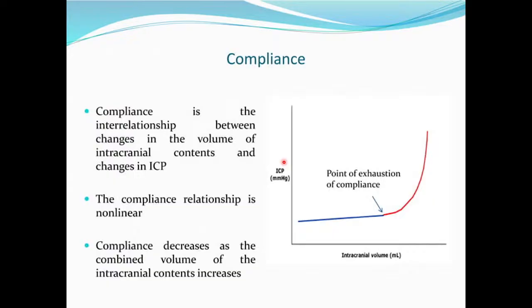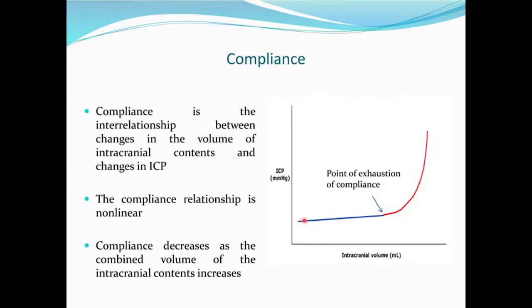The compliance relationship is non-linear. As we can understand from this graph, there is a non-linear relationship between the volume or the pressure of CSF or the blood, leading to decrease in compliance.